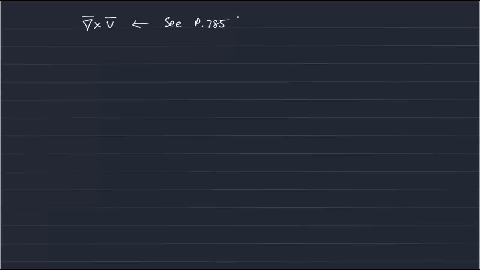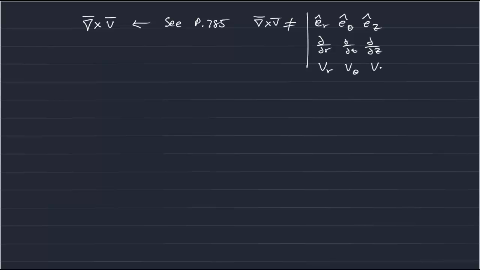And it's important to note the curl of a vector in cylindrical coordinates is not equal to, for example, e hat r, e hat theta, e hat z, d by dr, d by d theta, d by dz of the vector.